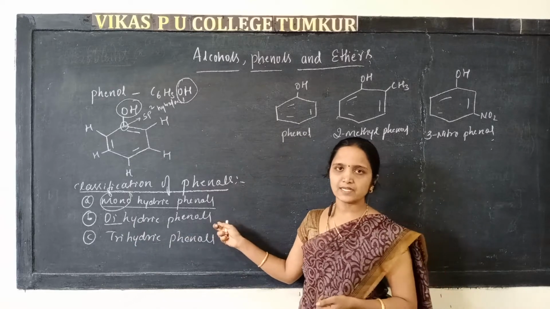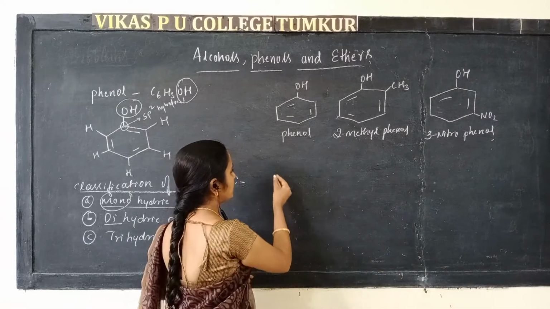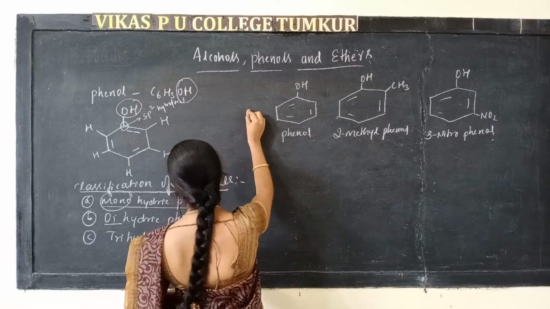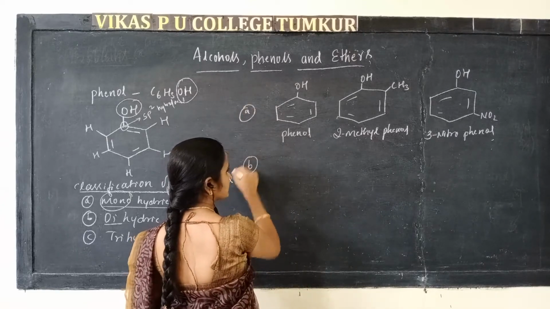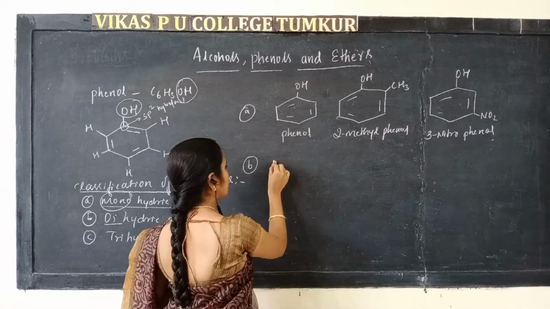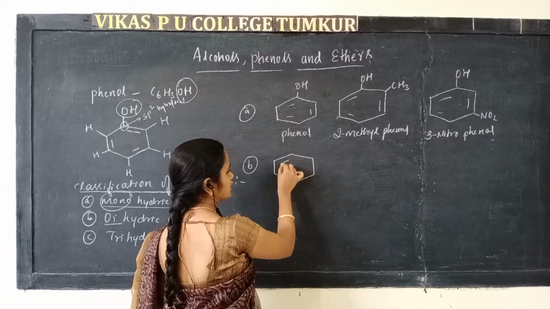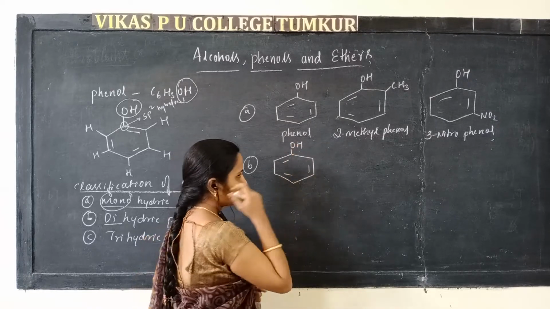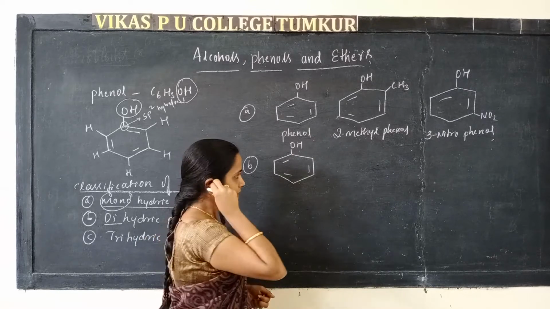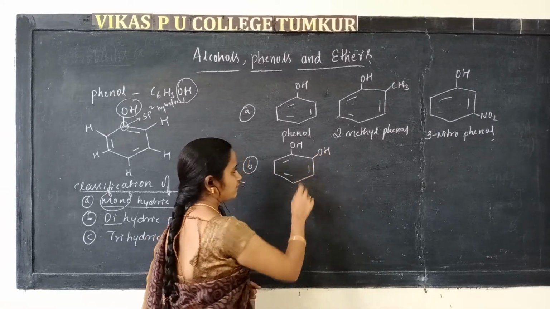We have seen examples for monohydric, and now we will take examples for dihydric, where two OH groups are attached to one aromatic ring.